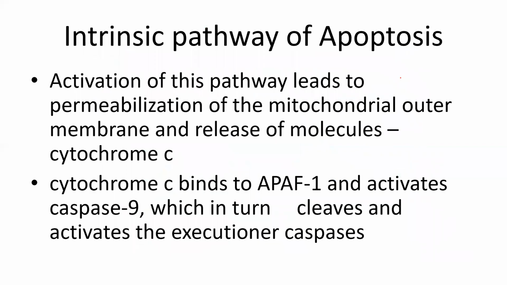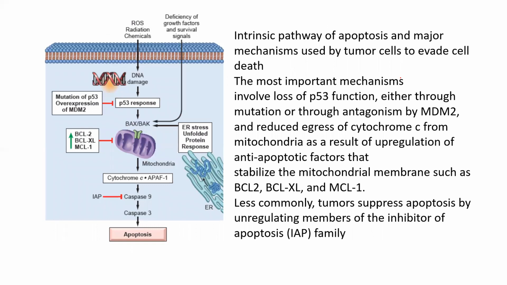Apoptosis again has two pathways: the intrinsic pathway, which is initiated inside the mitochondria by increasing the permeability of the mitochondrial outer membrane, and the extrinsic pathway, which we will discuss later.